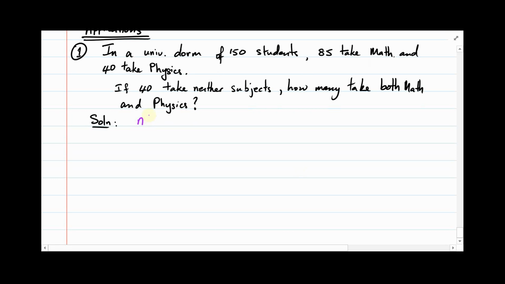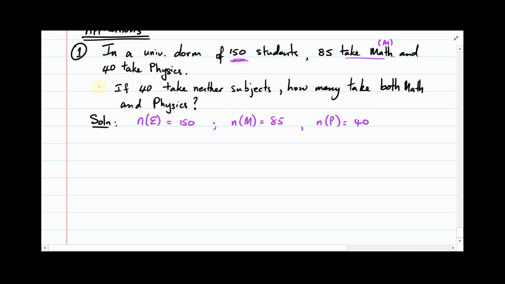So let's write the number in the universal set, or the number in the set of everything. This is the first number that we're given, 150. The second thing that we're given is the number of people taking math. I will just use the capital letters for these. Number in math is 85. The number taking physics is 40.